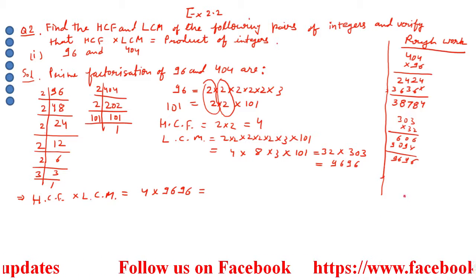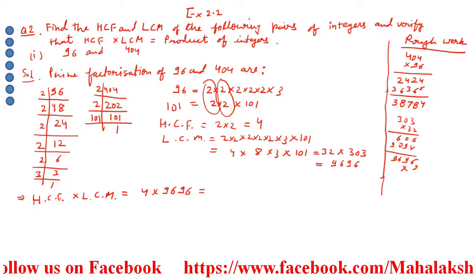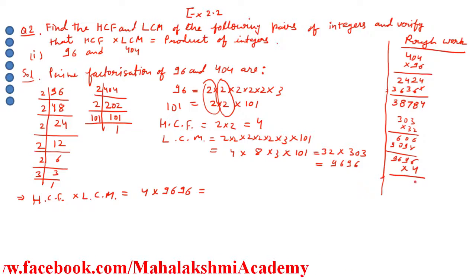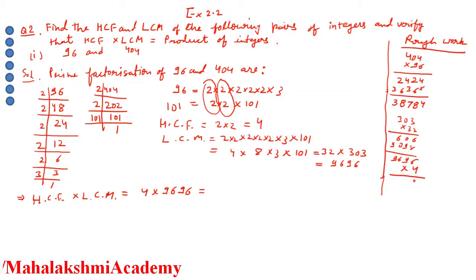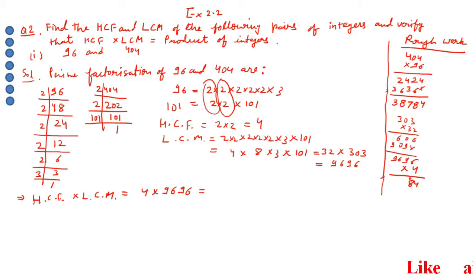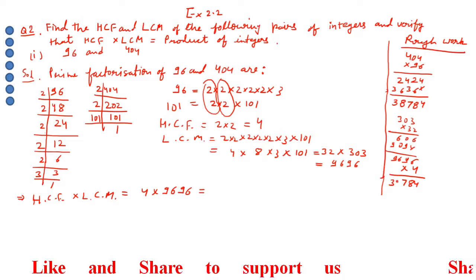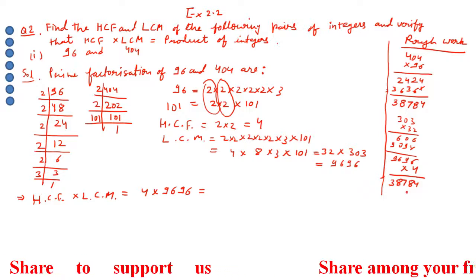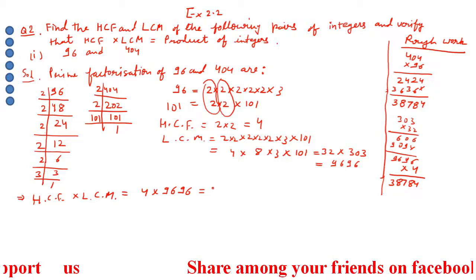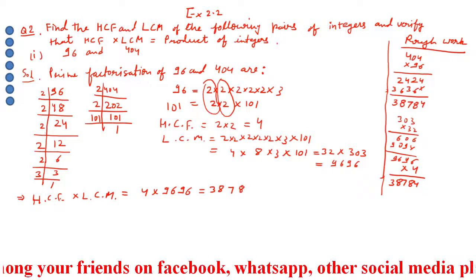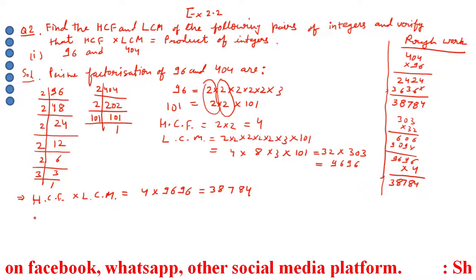Now we have to multiply this by 4 because we need to multiply the HCF and LCM. 4 6s are 24, 2 remains, 4 9s are 36, 36 and 2 is 38, 3 remains, 4 6s are 24 and 3 is 27. So we got 38,784. Now the product of integers.